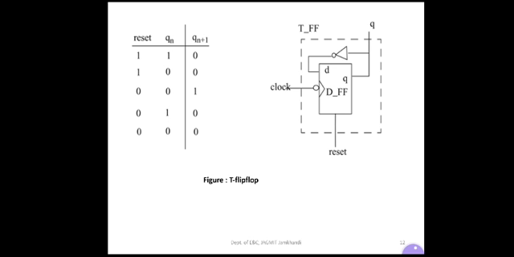When reset input is 0, the next state will be a toggled output. As it is a T flip-flop, the present state and next state are inverted. That is, Qn is 0, Qn plus 1 is 1 when the reset is 0, and when Qn is 1, Qn plus 1 is 0. This is the truth table of the T flip-flop.